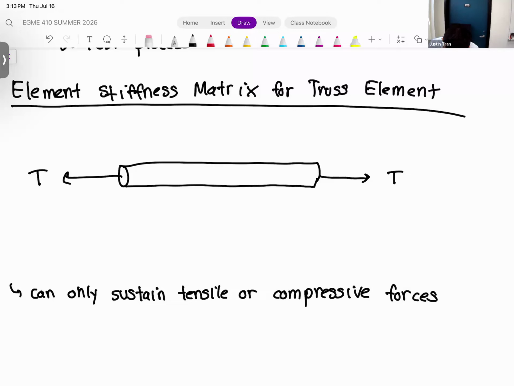We'll call the left end node 1 and the right end node 2. We have D1 going in that direction there, and then D2, which is going to go in that direction there.